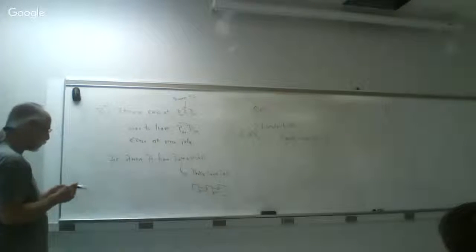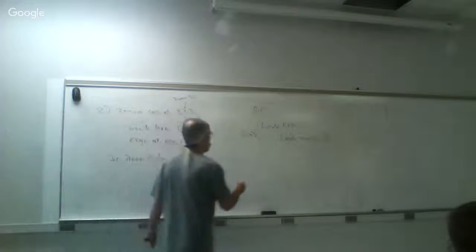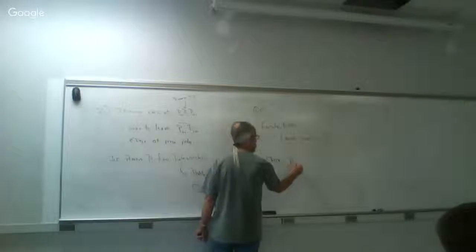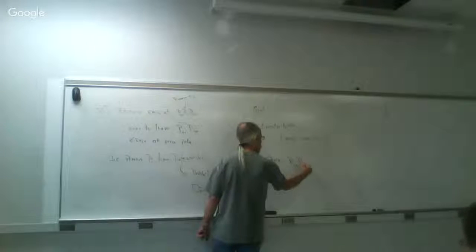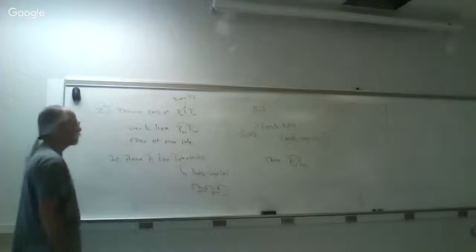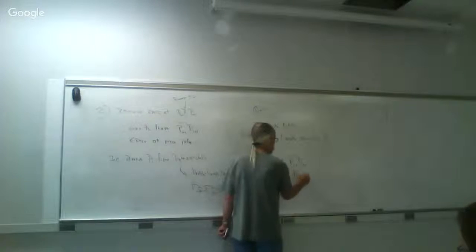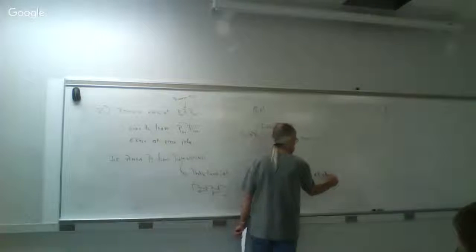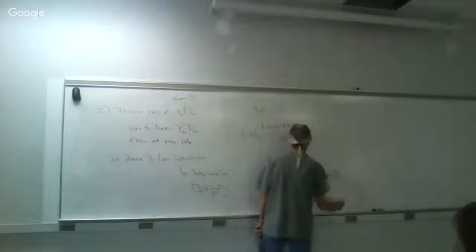The second cost is I have to check the line segment to see if it's actually a diagonal. So that means I have to run through all the other pk and check them.